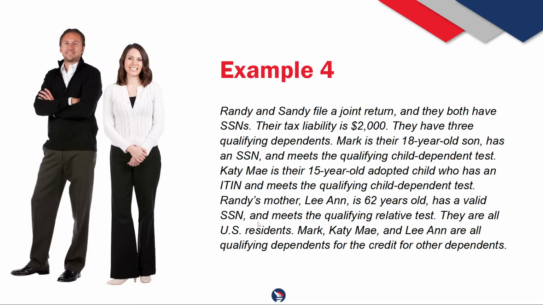All 3 of these people meet the relative test, meet the dependent test, but none of them qualify for child tax credit because of either age or tax identification number. But they all 3 qualify for $500 each of other dependent credit. So Randy and Sandy have $1,500 available of non-refundable credits.